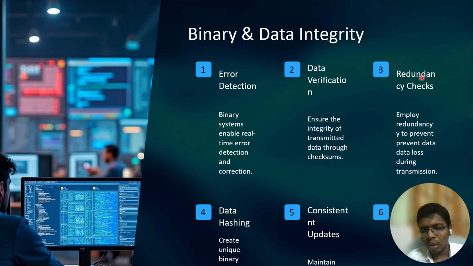Redundancy checks employ redundancy to prevent data loss during transmissions. Next is data hashing. Data hashing means your data will be hashed out and will completely disappear.